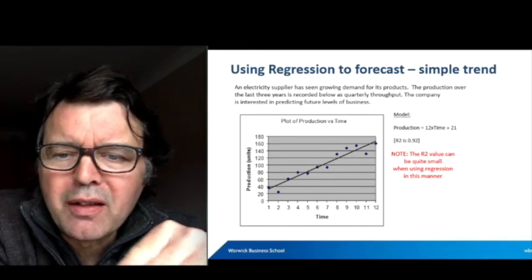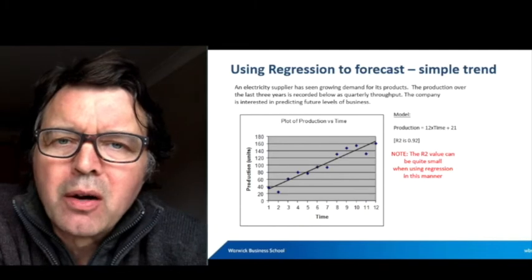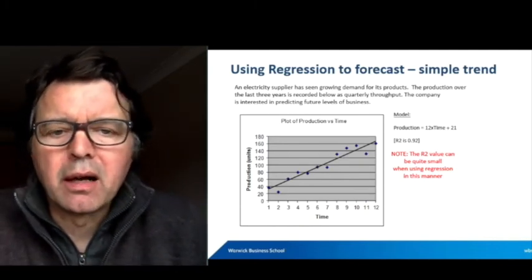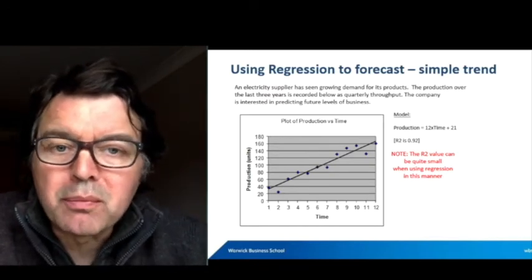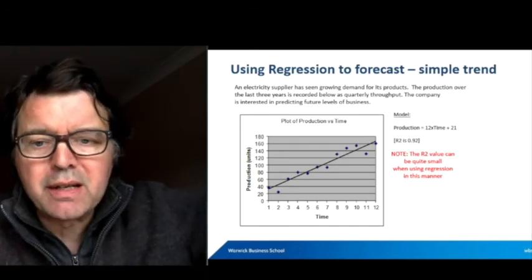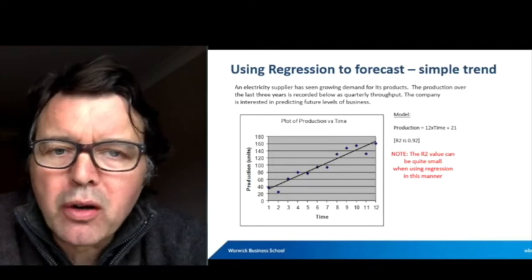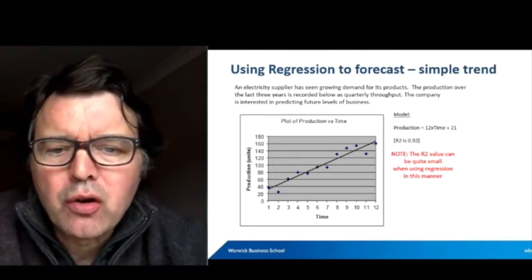But of course, there is no causal relationship there. Just because production has increased over the previous period doesn't mean it's caused to continue increasing forever. And in reality, it won't keep increasing forever. So that's not a causal relationship.